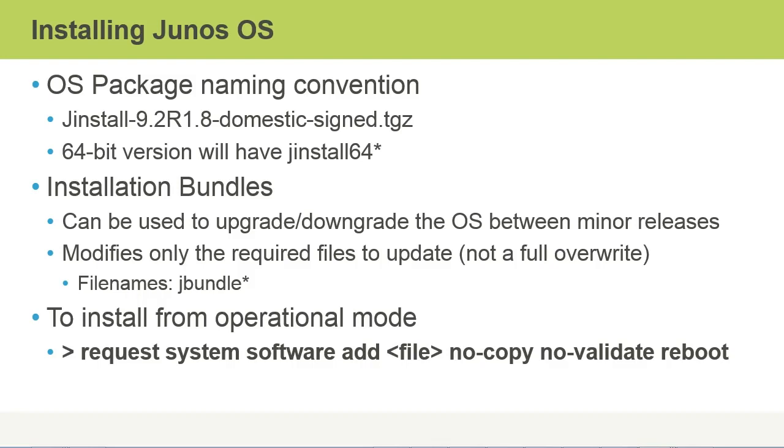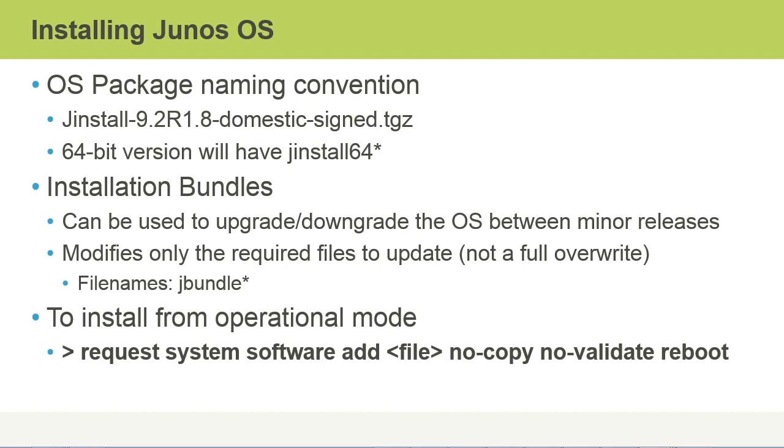Now, you can perform the installation of your software from operational mode. You can use the request system software add command and then specify the file name and any parameters. A couple of parameters that we can use are the no-copy parameter, which specifies not to copy the installation files and to retain those files on the device. We also have a no-validate option, which does not validate the software you're installing against compatibility with your existing configuration.